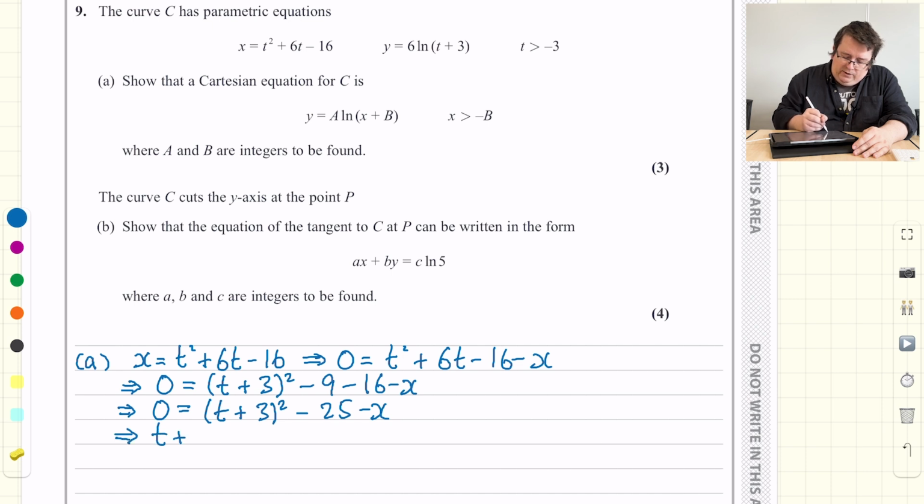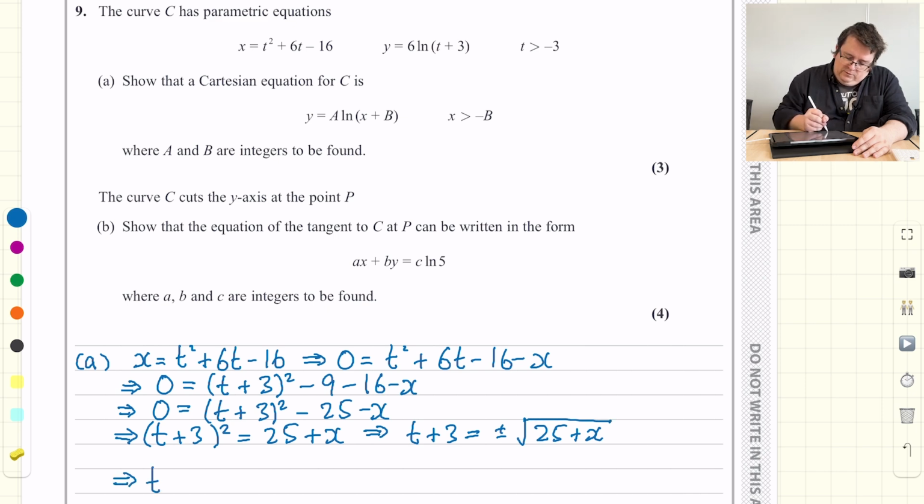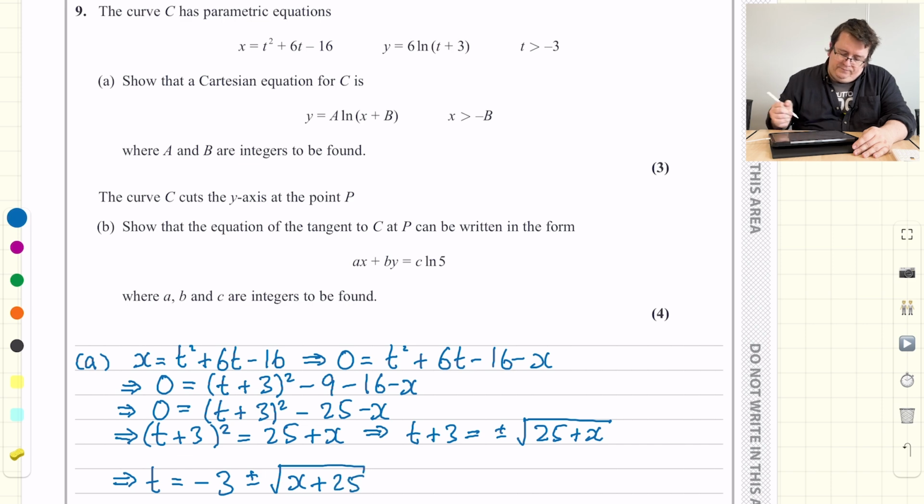So 0 equals t plus 3 squared, take away 25, take away x. So t plus 3 squared has got to be 25 plus x. So t plus 3 must be equal to plus or minus the square root of 25 plus x. So t is equal to negative 3 plus or minus the square root of x plus 25.